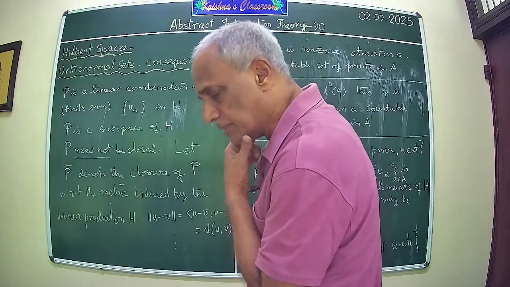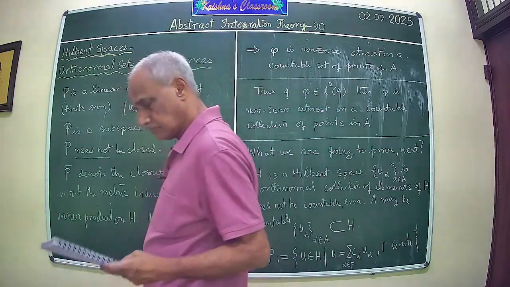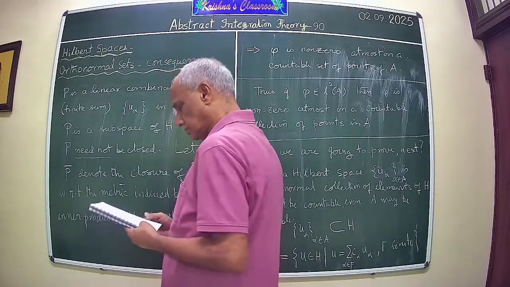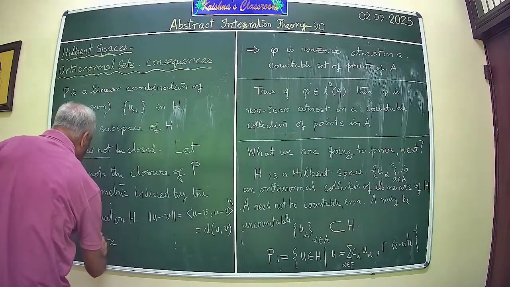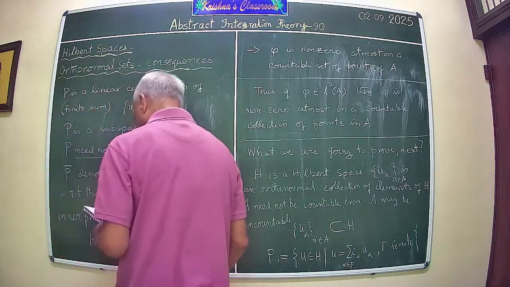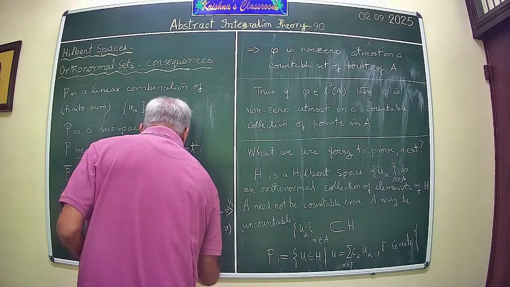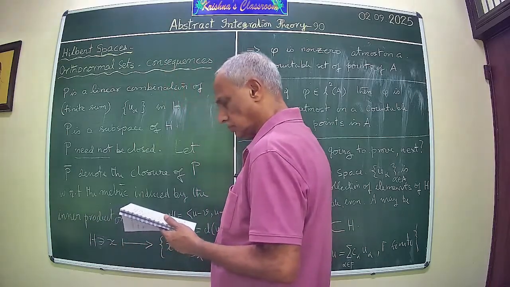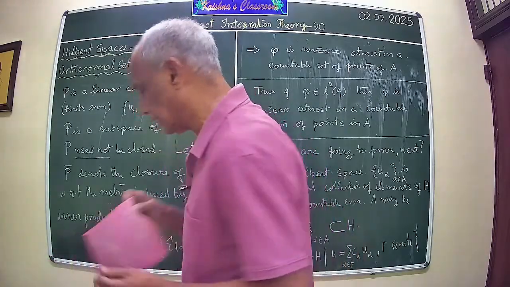Now what you can do is, you take an x belonging to H. You take the Fourier coefficients of that and you take this collection x hat(alpha), alpha in A, in L2(A). We have already said what exactly is the meaning of this.